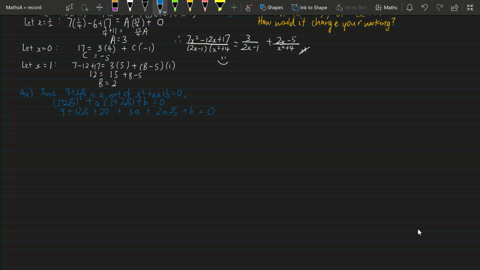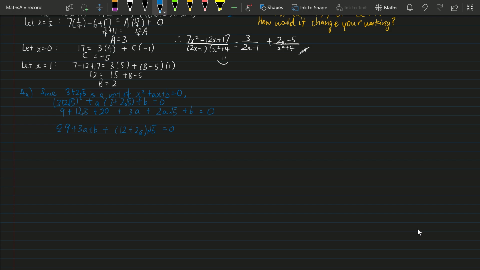Okay, let me combine it in a certain way and I'll explain why I do that. So I'm going to put 29 here. 20 plus 9 is 29. Then this 3a plus b, I put them together. And then the parts with square root 5, I'm going to put them together too. So I'm going to get 12 plus 2a times square root 5 equals 0.